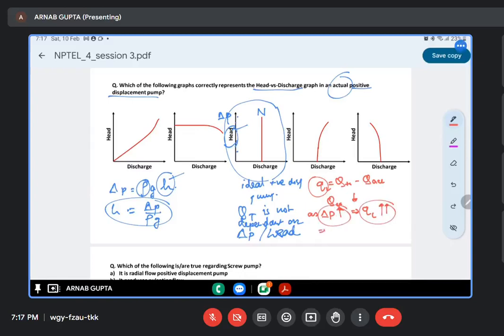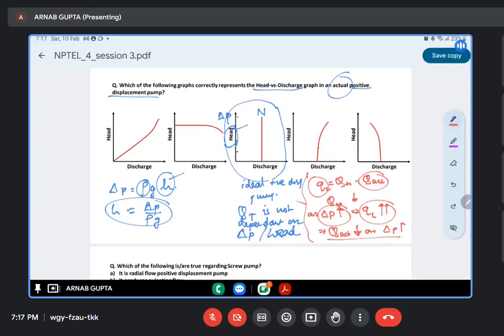As a result, your Q actual reduces, because Q actual is nothing but Q theoretical minus QL. So if QL is increasing, Q actual will obviously reduce. So as delta P increases, Q actual reduces at a particular speed.